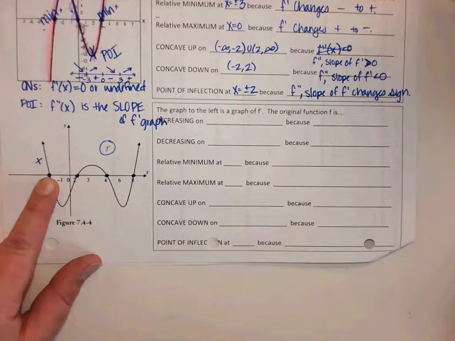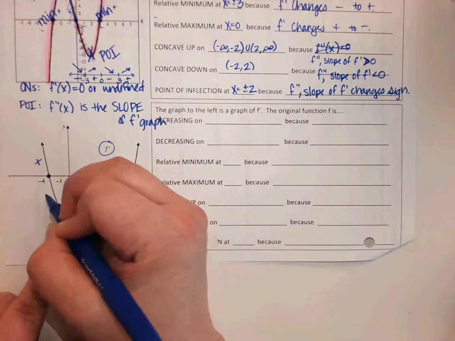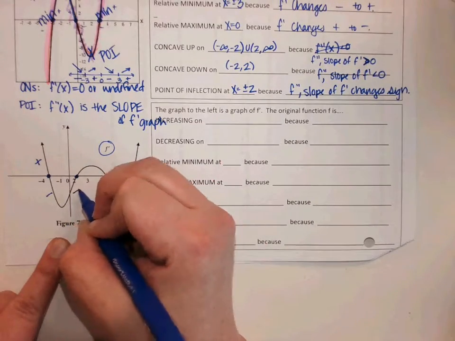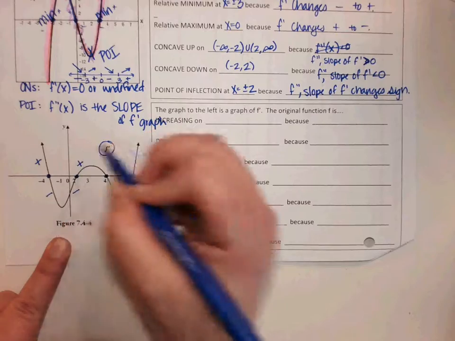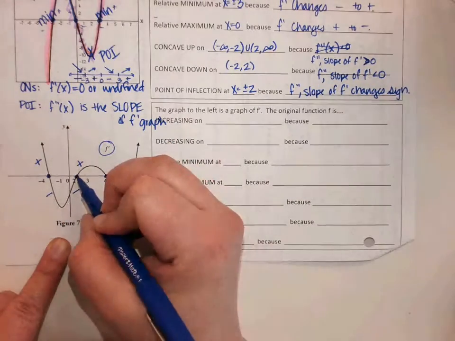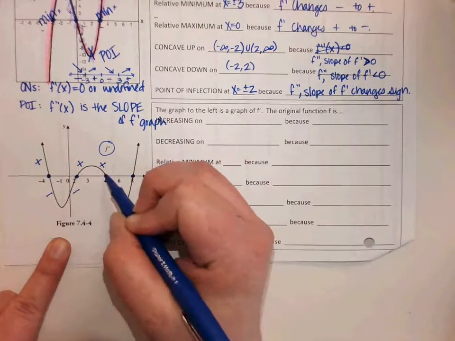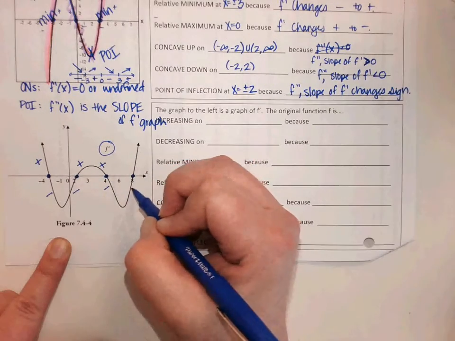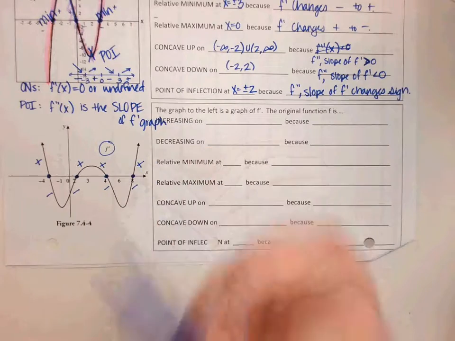Then it passes through the x-axis and turns negative. Then it stays negative until 2, then it turns positive. Then it stays positive until 4, then it turns negative. Then it stays negative until 8, then it turns positive.